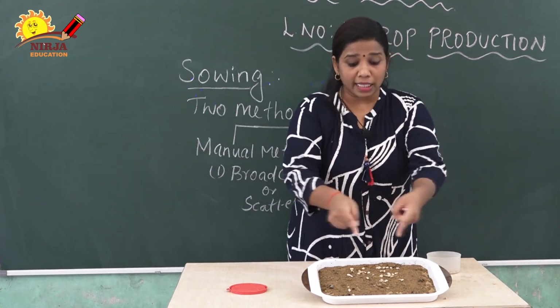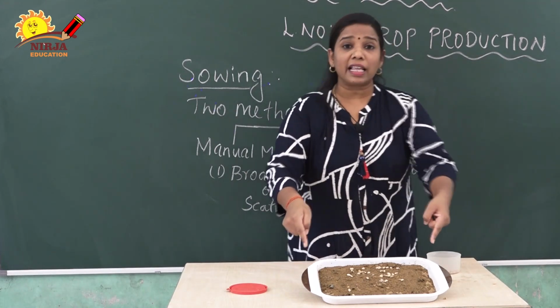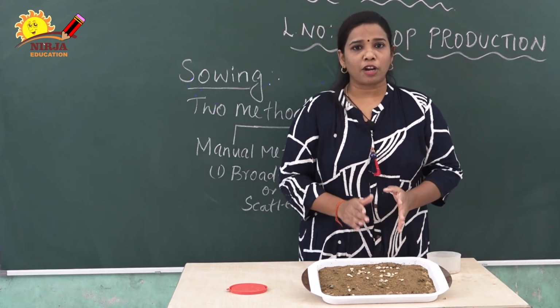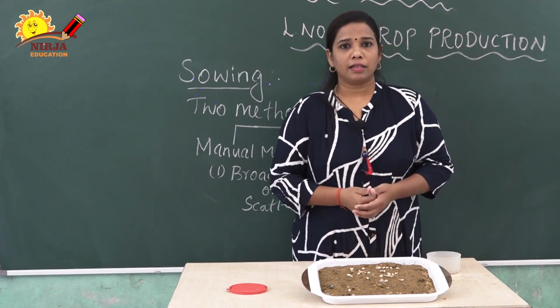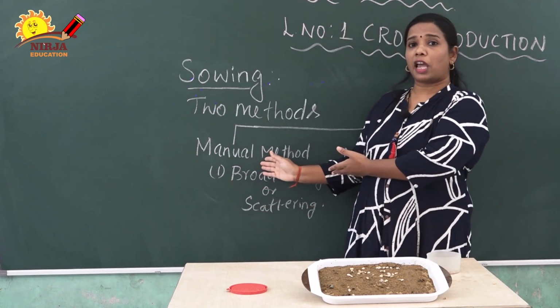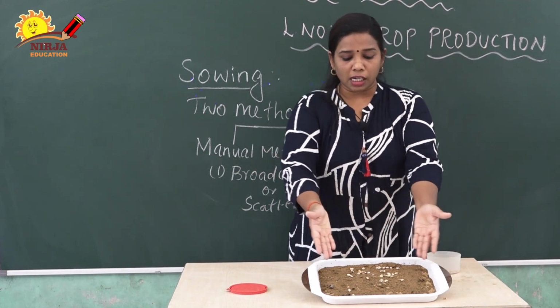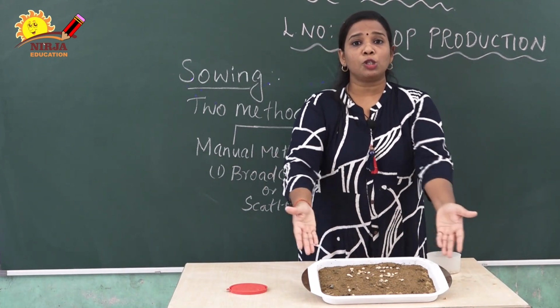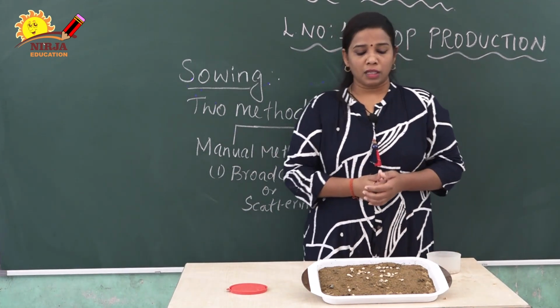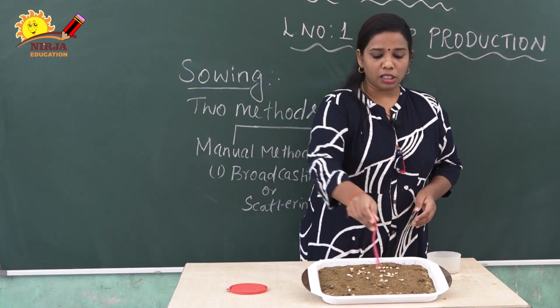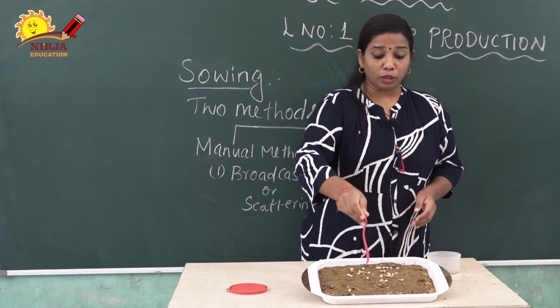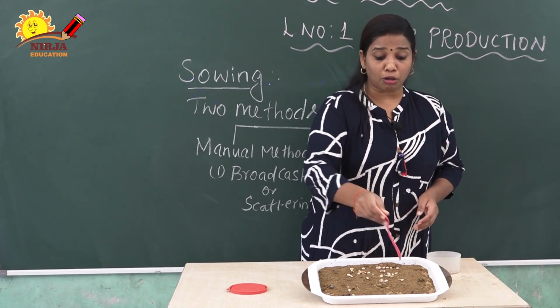You just notice this land; imagine this is the land prepared for agriculture. Imagine the seeds are already there by the manual scattering method, right? You see here the seeds are not distributed in a proper manner. Many seeds are present in a particular area.